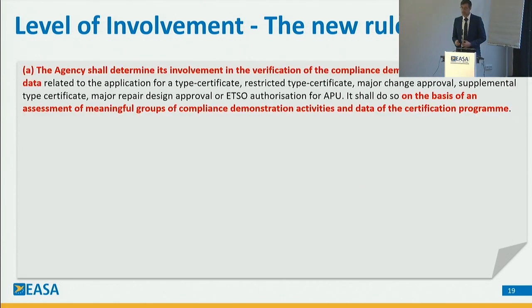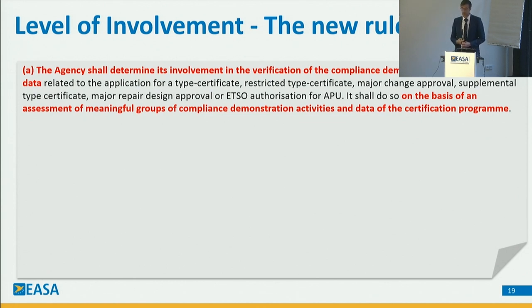The same text seen from the agency's perspective now in section B, rights and obligations for the competent authority. The main point that we are talking about when we are talking level of involvement is 21B100. You'll find very similar wordings there, of course.